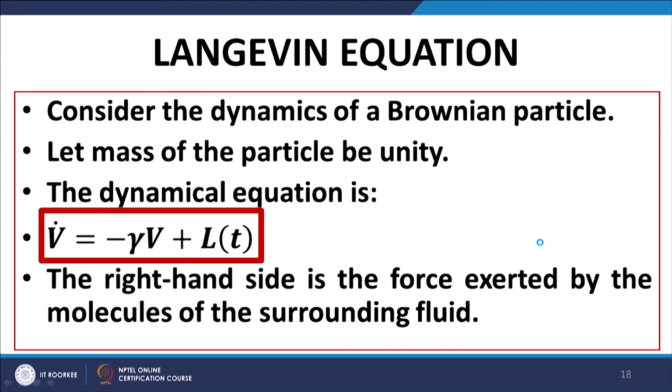The terms I will explain in a minute, but this is Newton's equation of motion for the Brownian particle, which is encountering collisions from various sides randomly by other particles of the fluid.